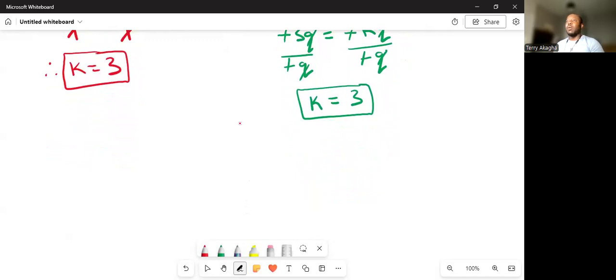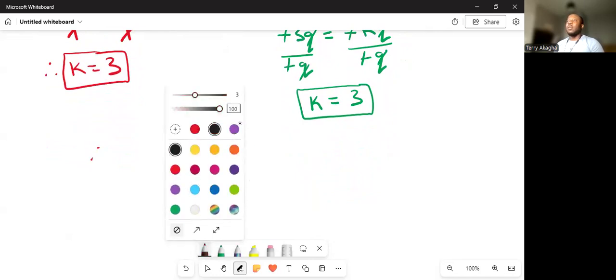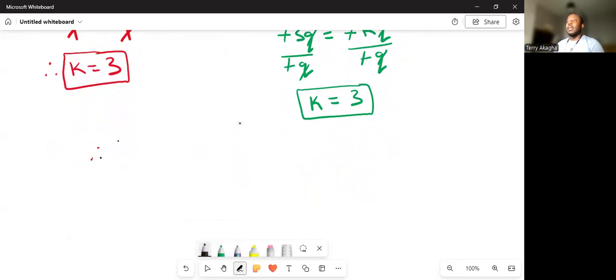So therefore, because we know that, let me change this back. The 3 we got for K was still the same 3 for P. So the 3 in P was equal to the same thing. So therefore, it is what? Parallel.